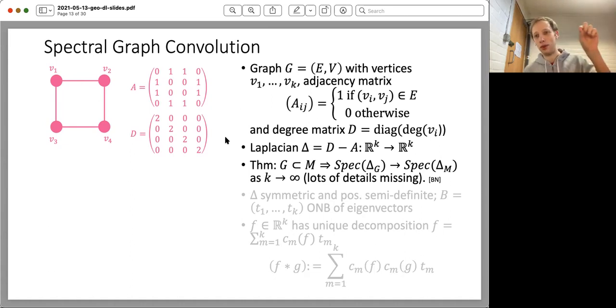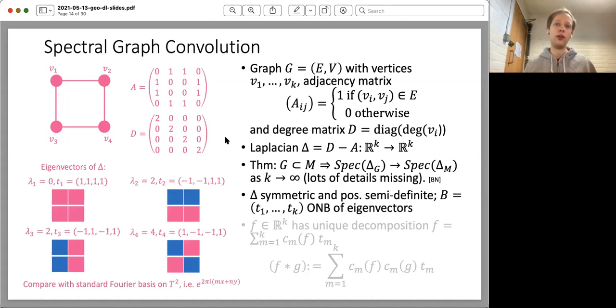Otherwise, you can have a million points clustered on just one point. Okay, you can make that theorem precise, but let's not do it. Let's forget about this whole thing with smooth manifolds. We really don't need them right now.